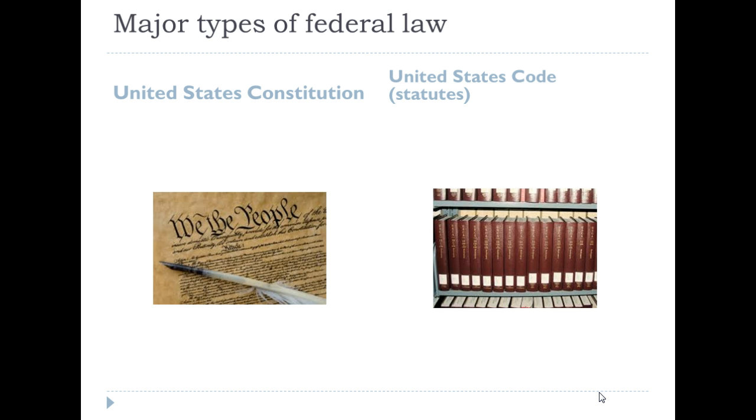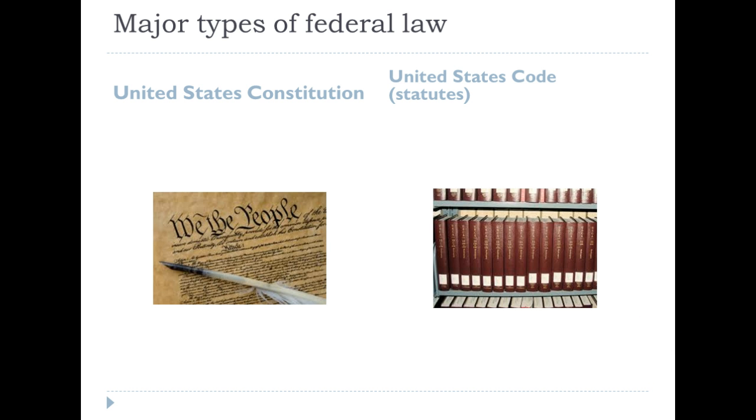And there are tons of statutes out there, and most of them are codified in those books that you see there, the United States Code, or if you're going to look in a legal database that's electronic, such as, for example, Westlaw, you would look in the library USC.